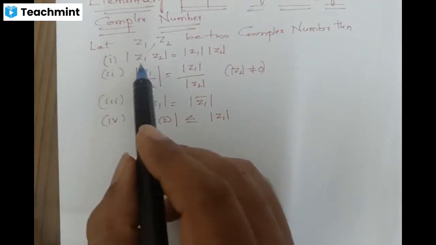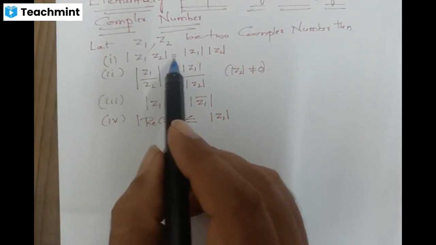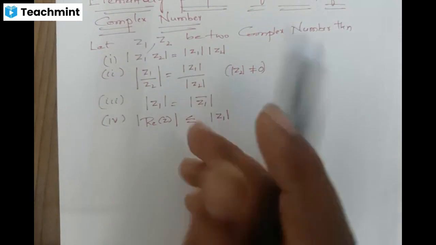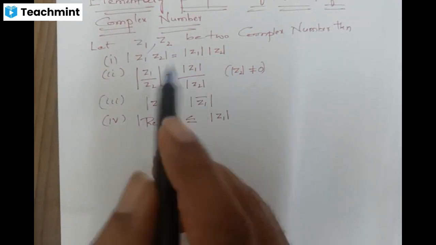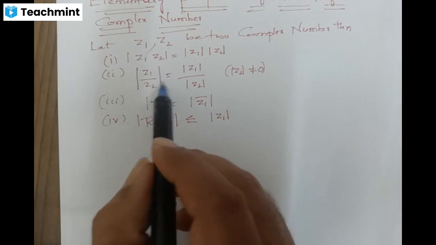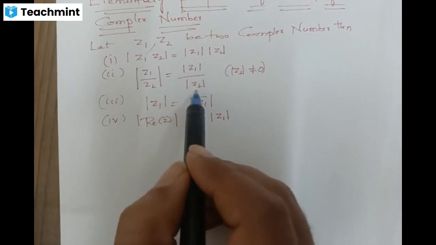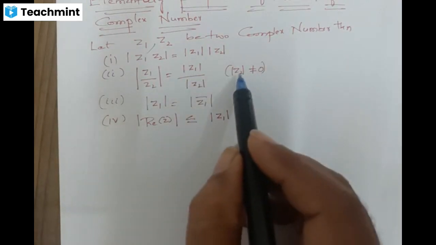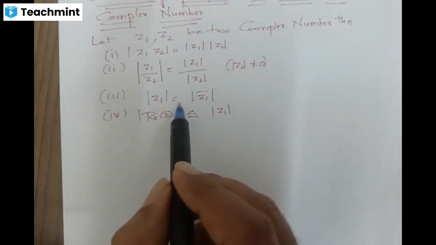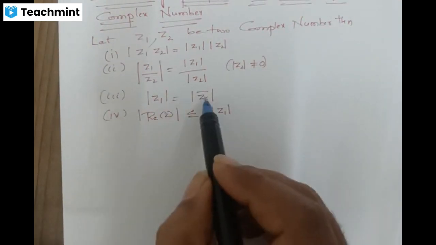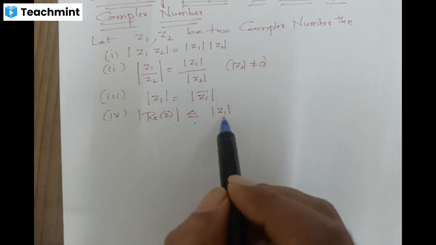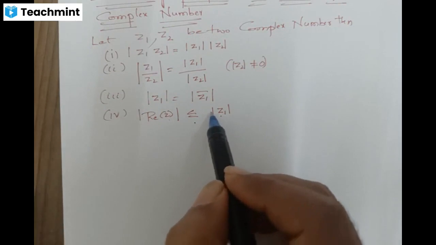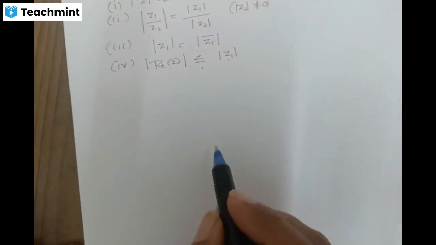First, modulus of z1 z2 we can write as mod z1 into mod z2. Second, modulus of z1 by z2 is modulus z1 by modulus z2, provided mod z2, the denominator, is not equal to 0. Third, modulus of z1 is equal to modulus of conjugate of z1. Fourth, the real part of z1 is less than or equal to mod z1. Proof.